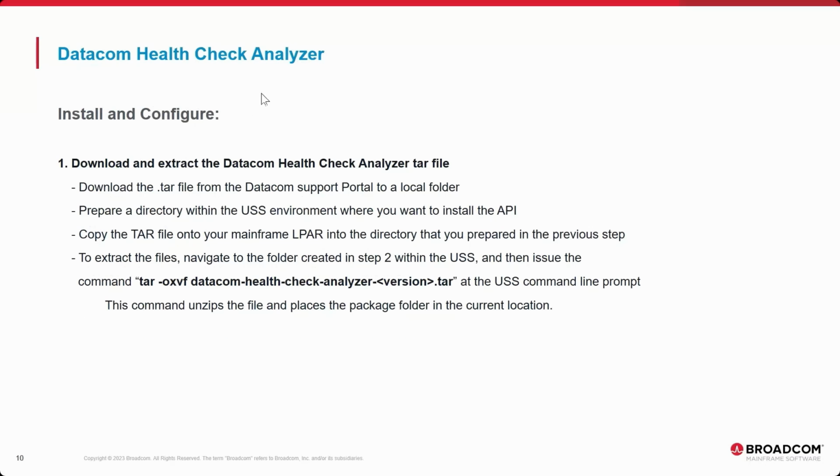The first step in the installation process is downloading and extracting the Datacom Health Check Analyzer tar file. So we can download the tar file from the Datacom support portal. Then we need to prepare a directory within the USS environment where you want to install the API. Once we have that directory created, then we need to copy the tar file onto the mainframe.